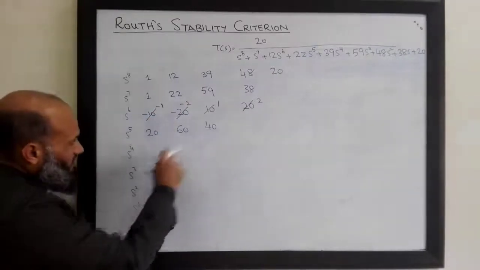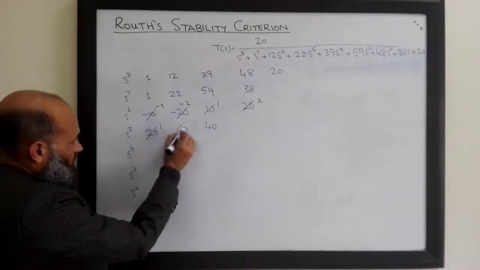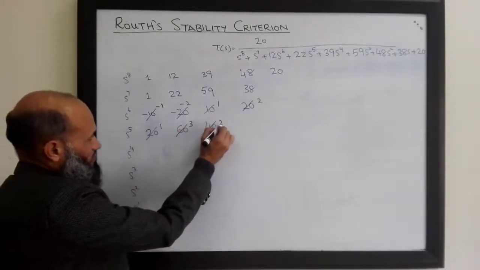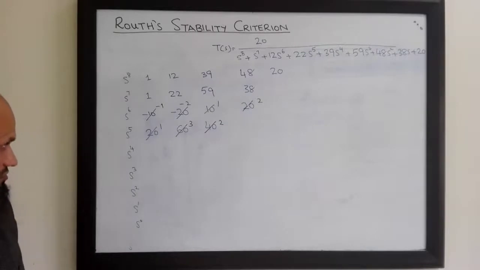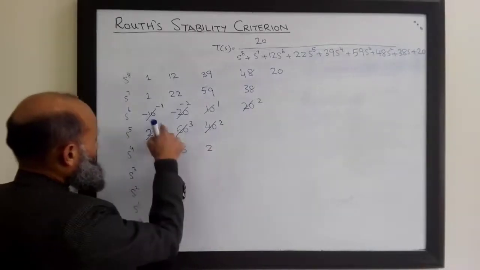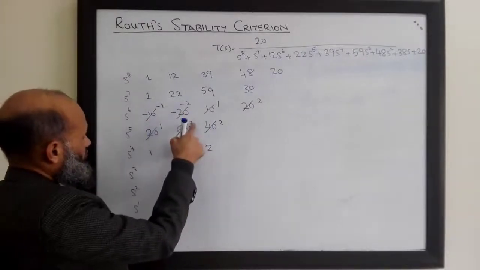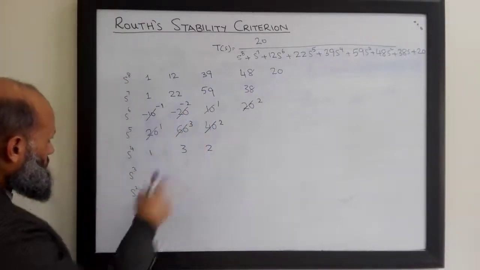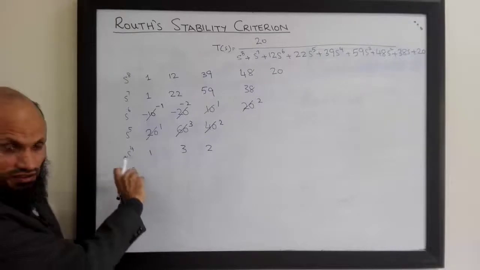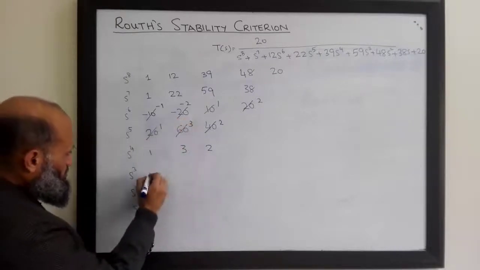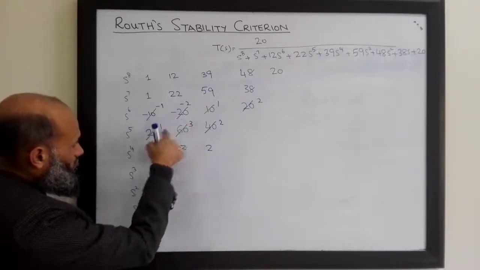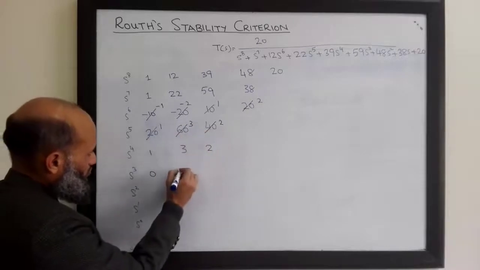Now we can divide this entire row by 20 to get 1, 3, and 2. Next, we construct the next row, 3 and 2. Minus 2 plus 3 is 1, and so on. And then this row from these two rows is 0: 3 minus 3 is 0, 2 minus 2 is 0.